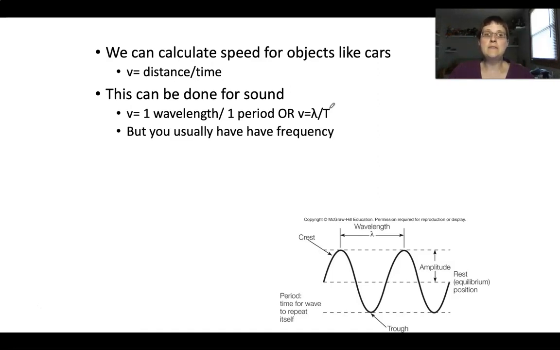What we usually have is the frequency. So what we can do to calculate sound is find that the speed of sound for any time that we're looking at it is the wavelength, so the space from crest to crest, times the frequency will give us the speed of sound.